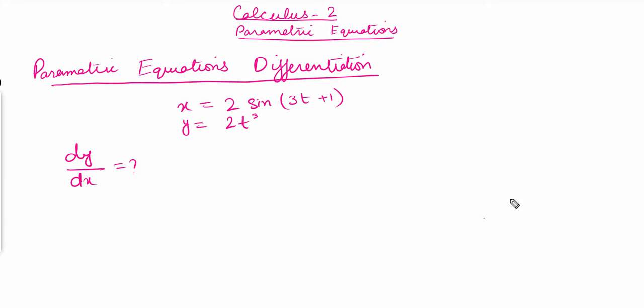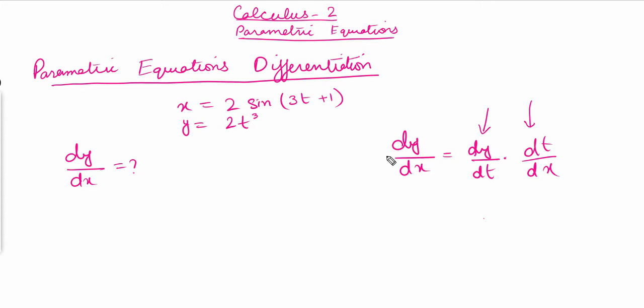For this purpose, we will use the chain rule. The chain rule says that dy by dx will be equal to dy by dt times dt over dx. So we have to work out the derivative of both of them with respect to t. We'll insert their values over here, and we'll get the derivative with respect to x.